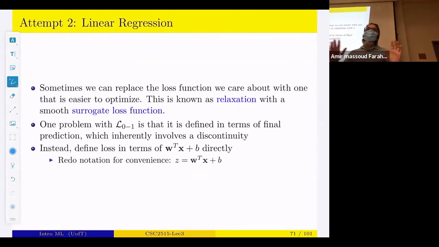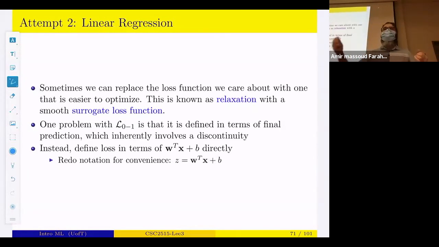Okay, so the 0-1 loss is a reasonable loss function in the sense that it encodes our belief that classification error is important, but we can't optimize it. So we use another loss function, which is easier to optimize.